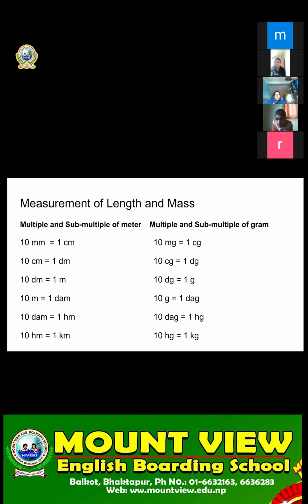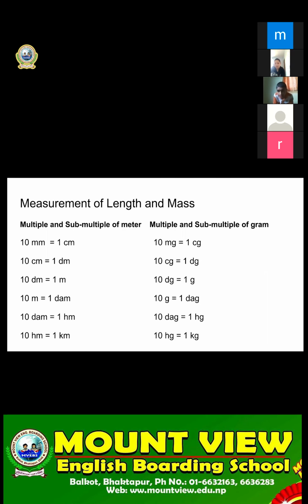But what we all know is there are other units of length and mass as well, because we have different units according to the size and quantity of substance. So if we have to measure the length of a big object, we use bigger units. And if we express the length of small objects, we use smaller units.